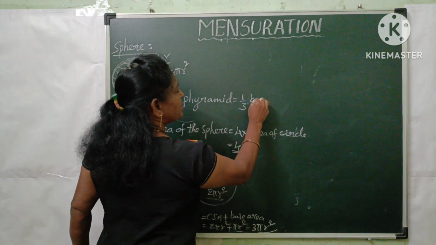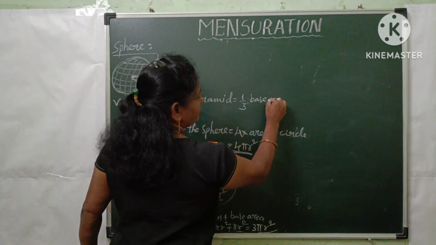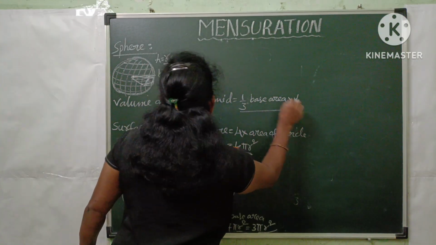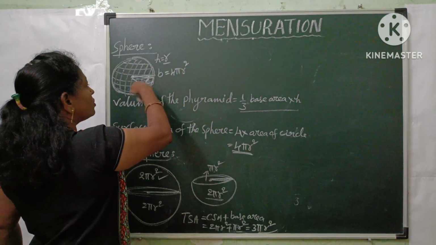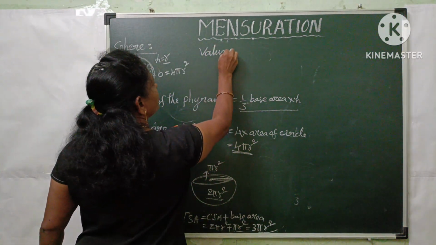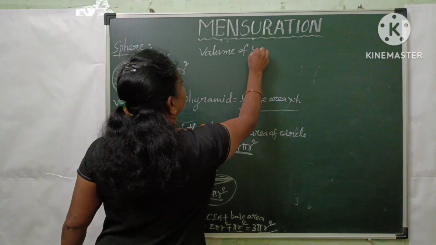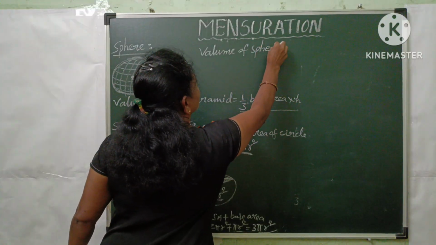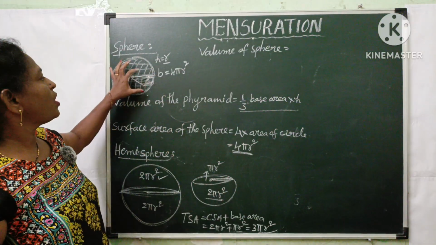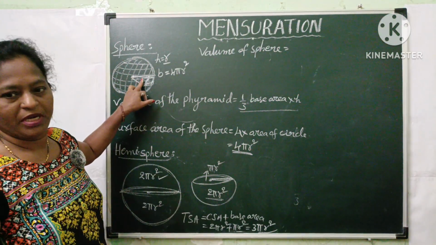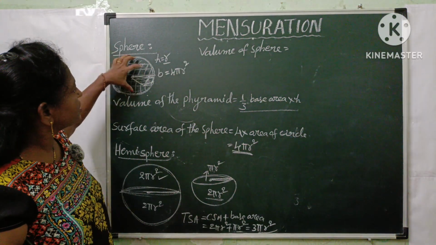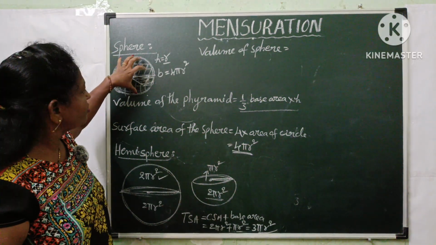So the volume of the sphere is equal to the sum of the volumes of the pyramids. And the bases together are equal to the surface area of the sphere.